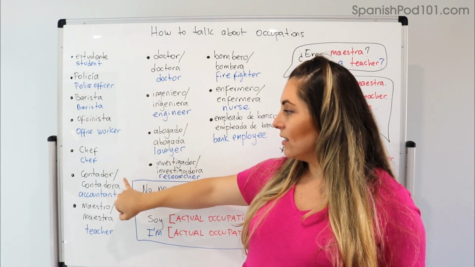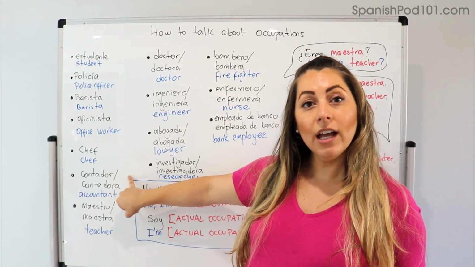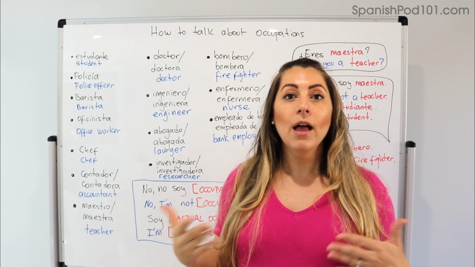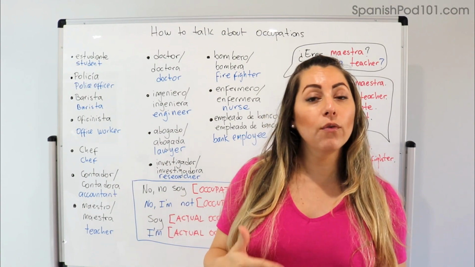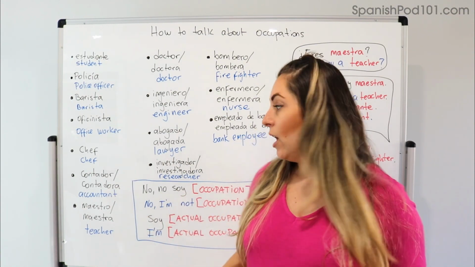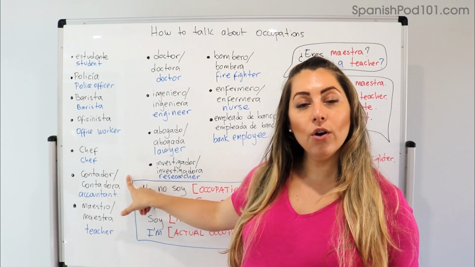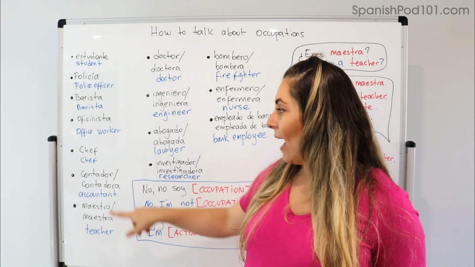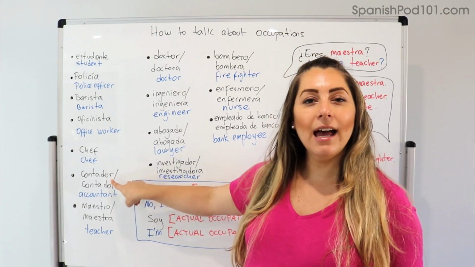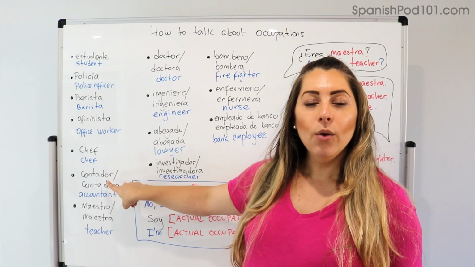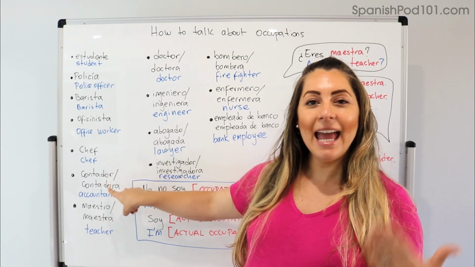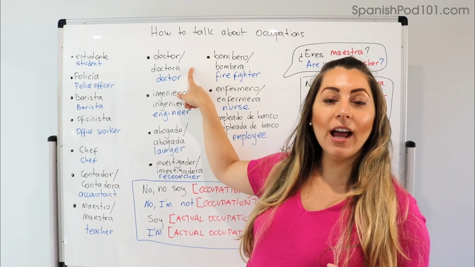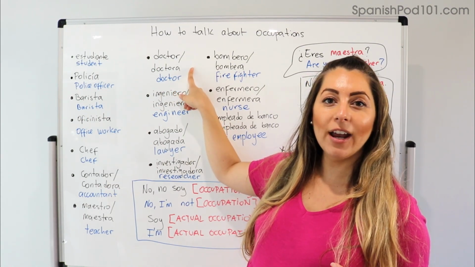As you can see, when we go to contador and contadora, we start to have a different word for the masculino form and the femenino form. If you're a man, you have to say contador for accountant, and if you're a woman, you have to say contadora. Notice that when the occupation ends in R, we simply add an A to form the femenino form. You can see in doctor as well that the femenino is doctora.